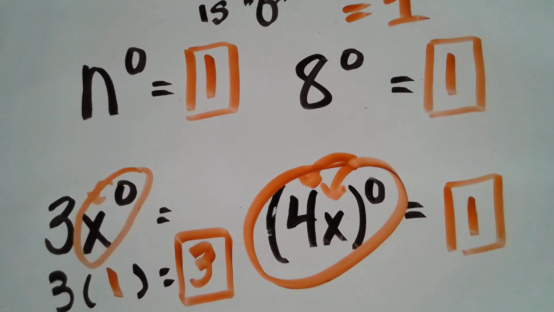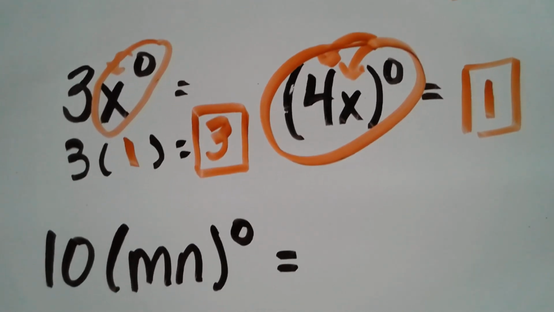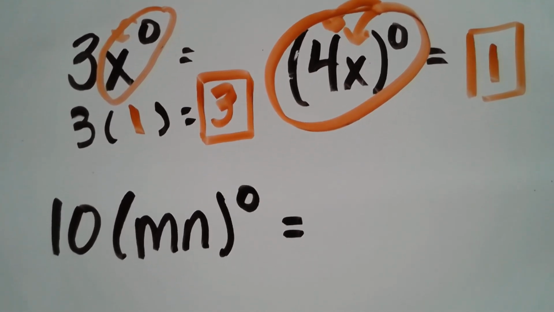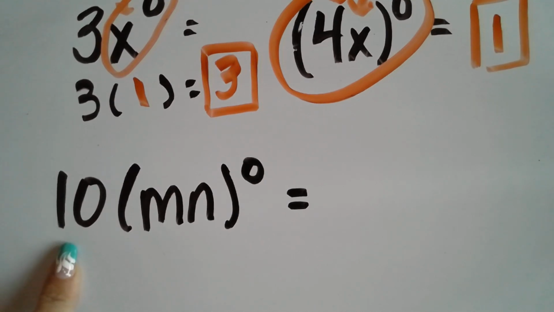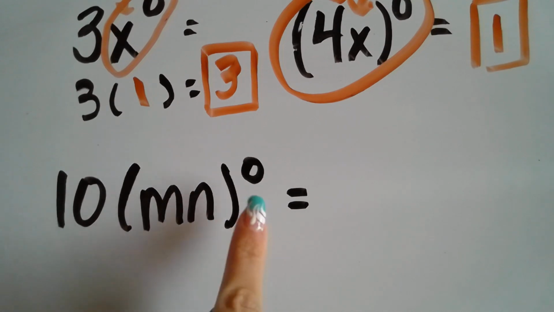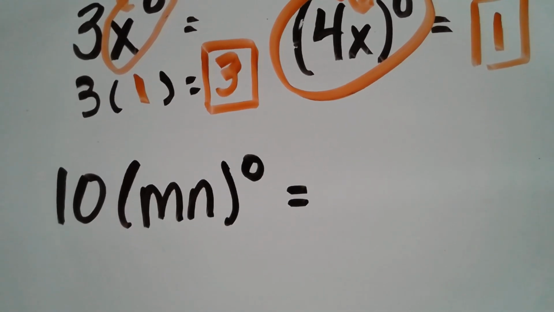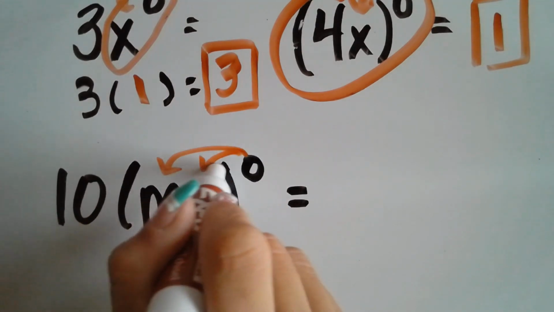Okay, let's look at another example. So here I have 10 times mn, parentheses means times, to the 0 power. Now, what am I going to do here? I know that I have the 0 power, and it only goes to the m and the n. Why?